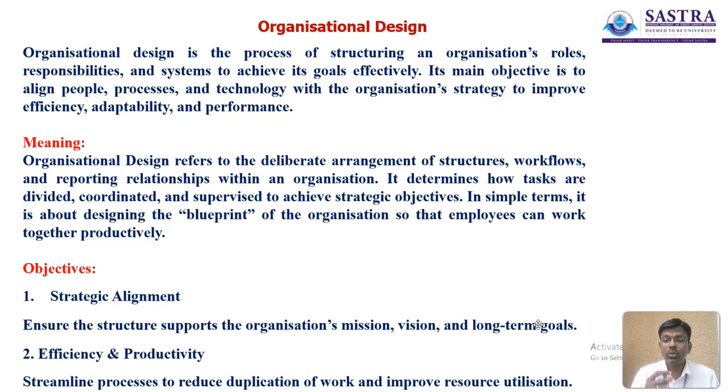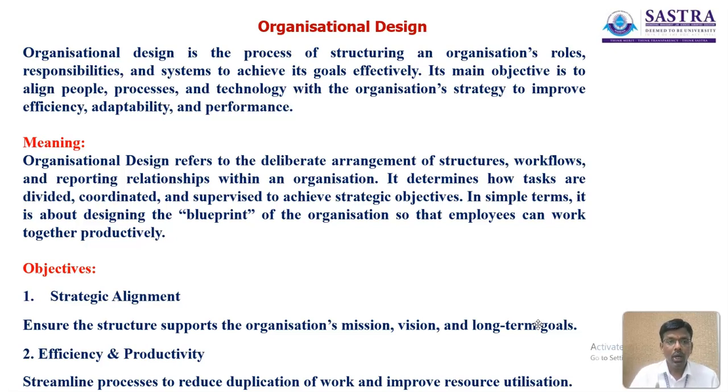There are a number of roles available, there are a number of tasks available. In that context, how do we need to map everything? So we need to define organizational roles, responsibilities, and the kind of goals we have fixed. What is the ultimate or primary objective of organizational design, friends?